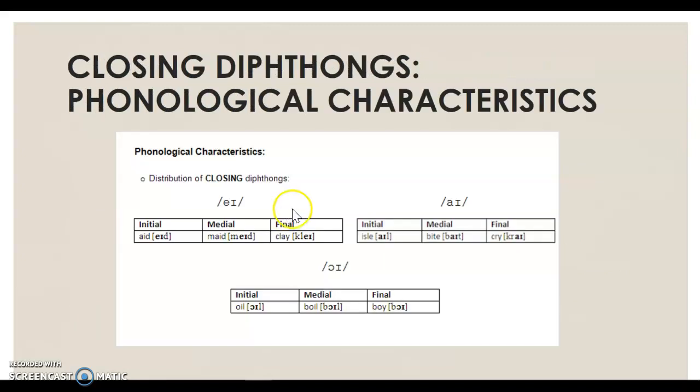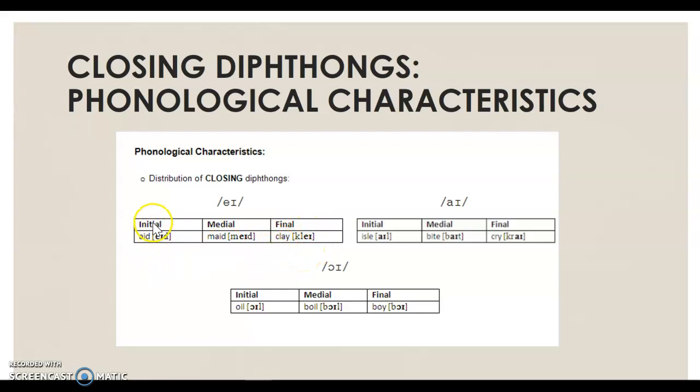If we analyze the phonological characteristics of these diphthongs, we can find that A can exist in initial position, like in the case of aid, in medial position, like in the case of made, and in final position, like in the case of clay.